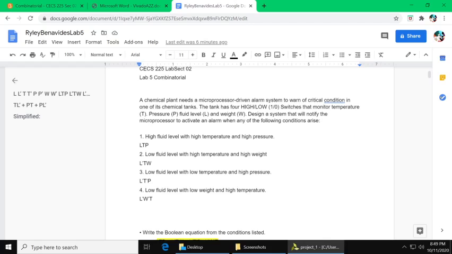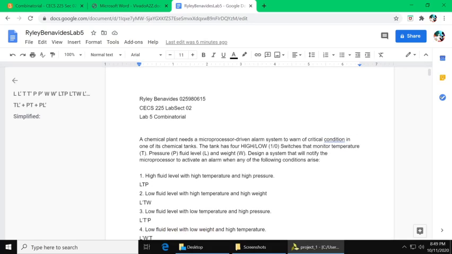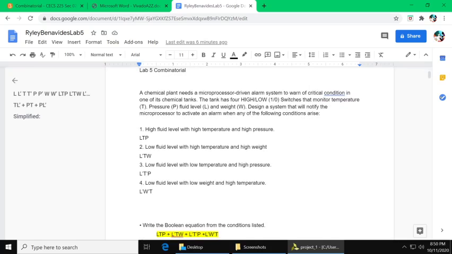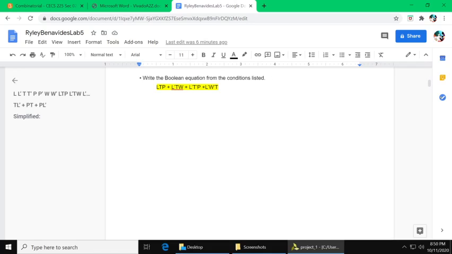These are all AND statements, and to make the whole equation, you put ORs in between all of them. So basically, we just want an alarm to go off if any of these are 1. So yeah, 1 or 1 or 1 or 1, and the alarm will go off.